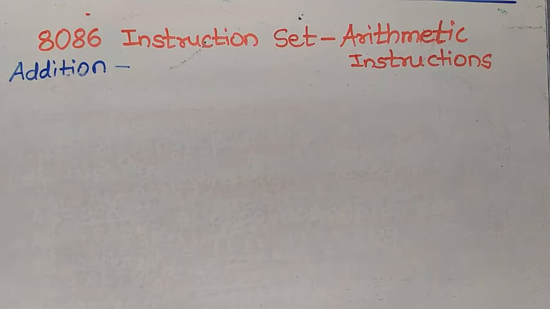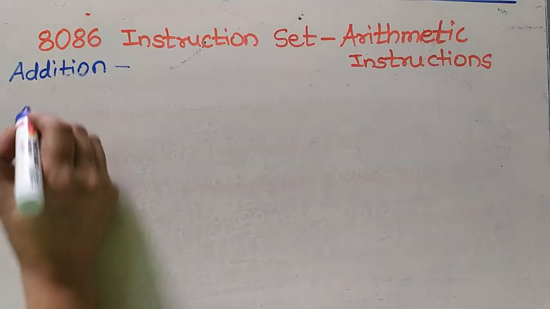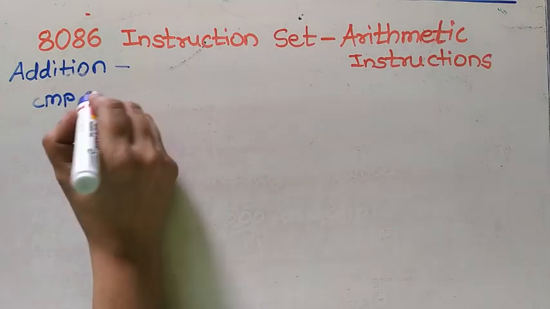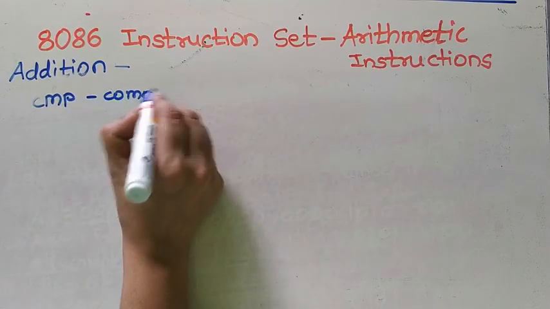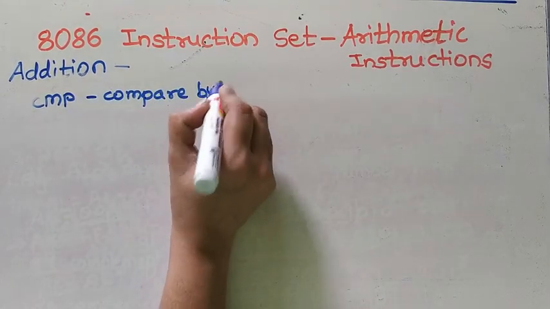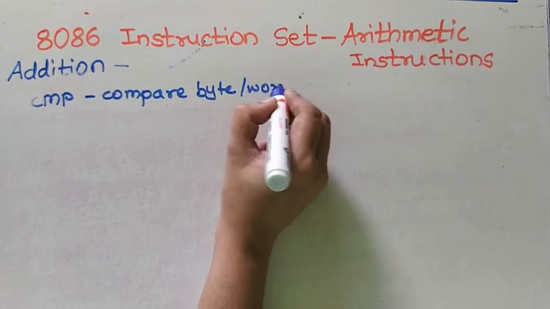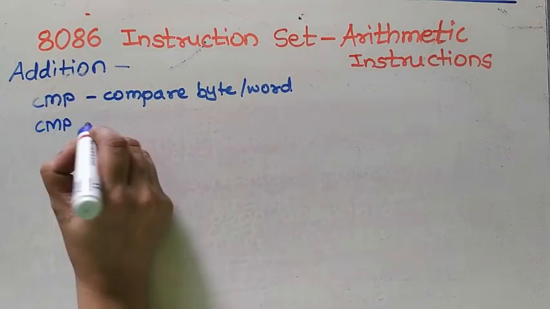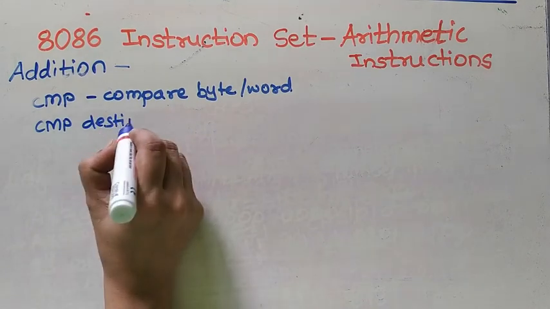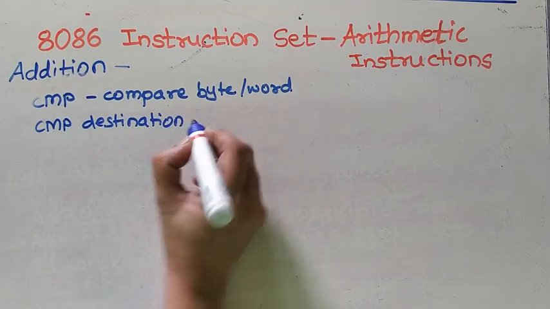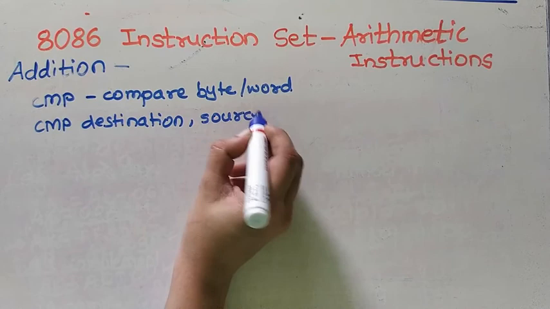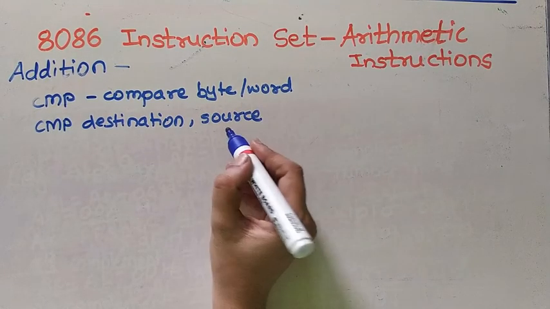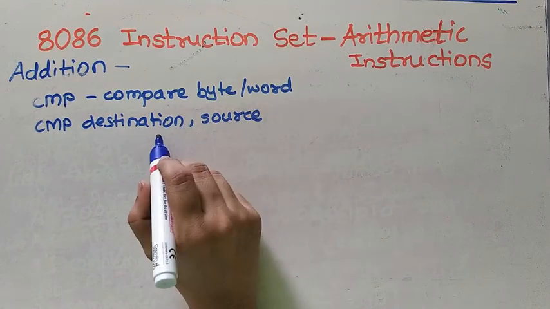And the next instruction here is CMP, that is compare byte or word. Mnemonic is compare destination comma source. So what happens here? The contents of source are subtracted from the destination.